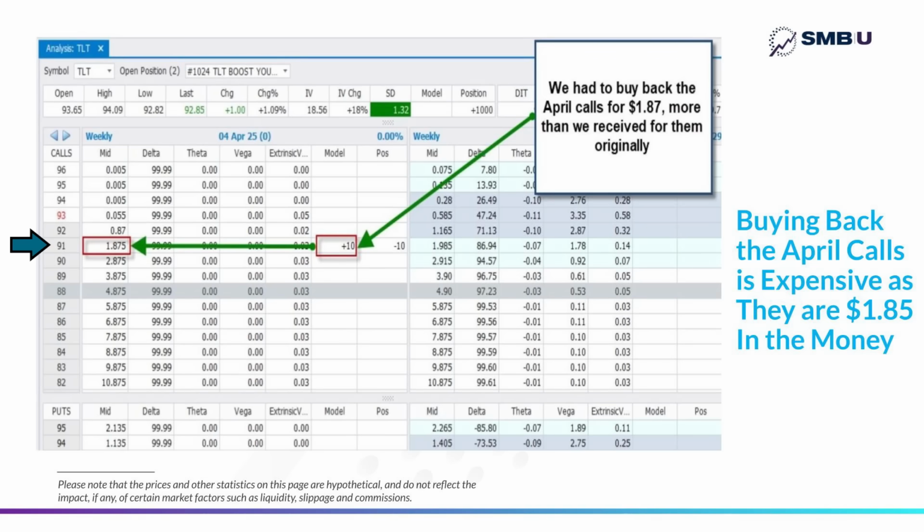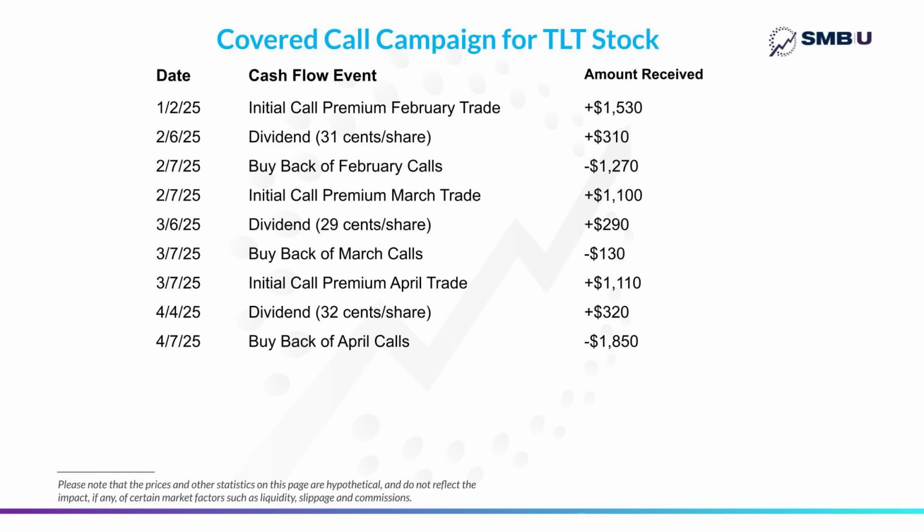And so we've got to pay $1.87 to close those. And so updating our scorecard and accounting for the 32-cent dividend paid on April 4th, as well as the expensive buyback of the April calls, we took a slight hit to our cash flow, such that after the April trade, our positive cash flow was $1,410.